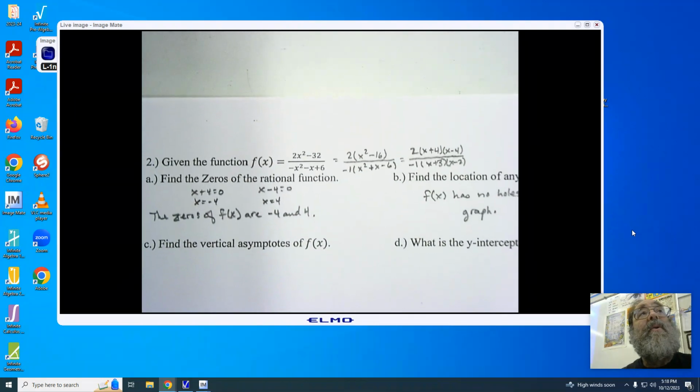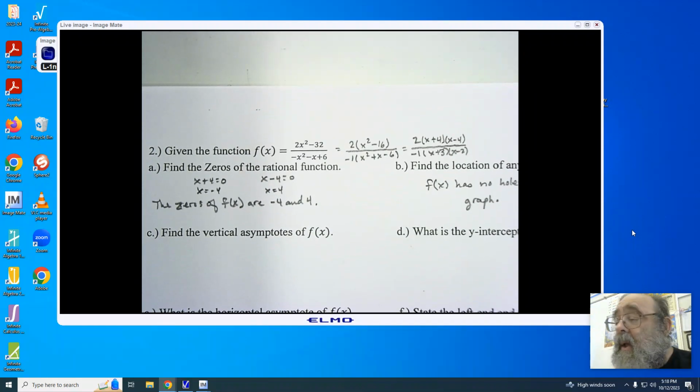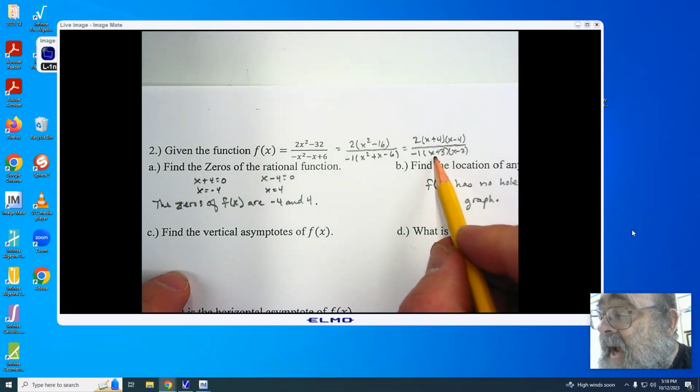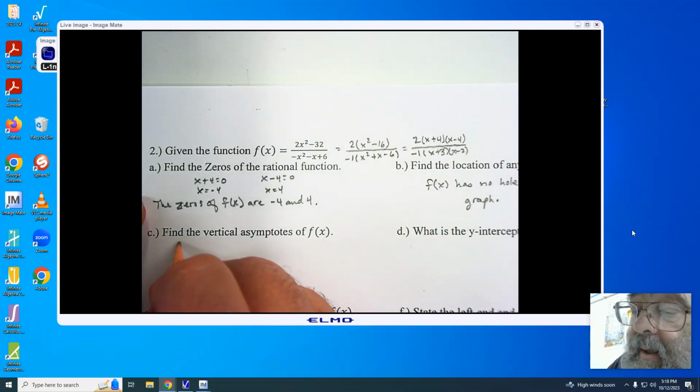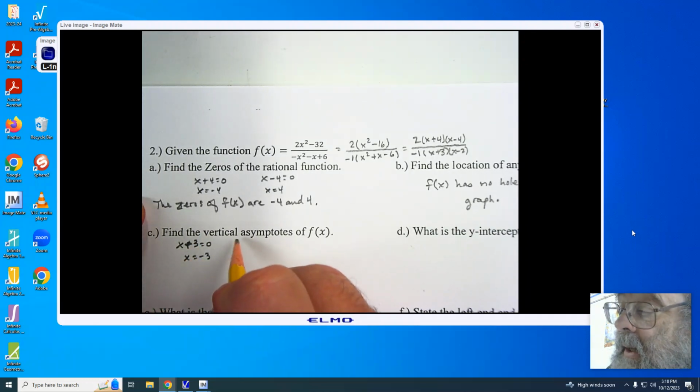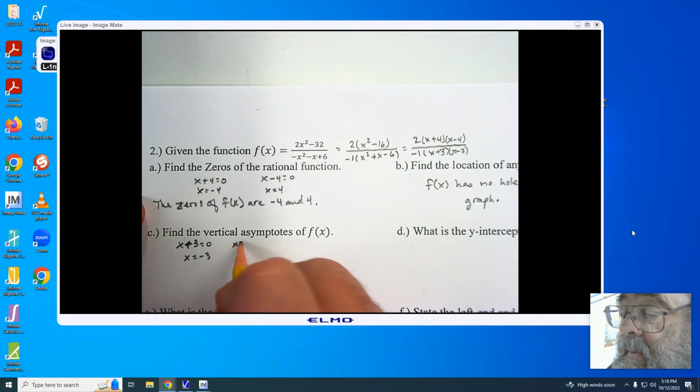This allows me to go to the vertical asymptotes. The vertical asymptotes come from the denominator. Let's do x plus 3 equaling 0, so x equals negative 3, and x minus 2 equals 0, so x equals positive 2.